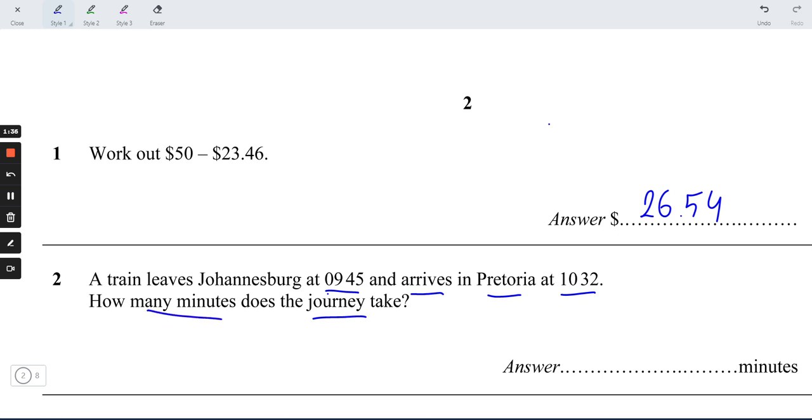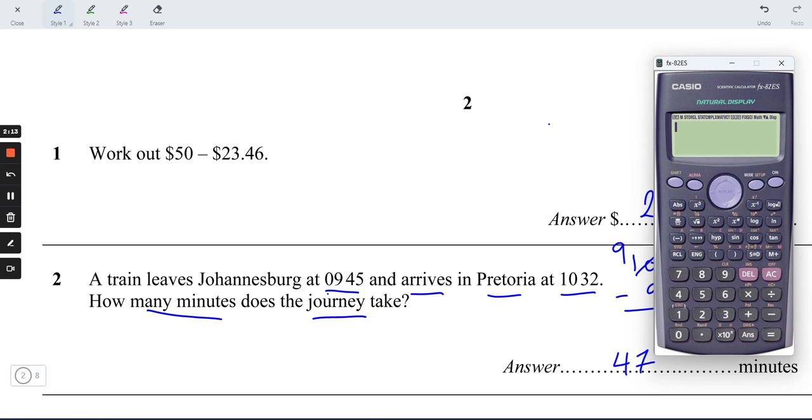Be careful: we are going to subtract 9:45 from 10:32. Here 32 minutes is less than 45, so we will take 1 hour, that is 60 minutes, from 10 to get 9 hours, and here we will add 60 minutes, it will be 92. Subtracting them we get 47 minutes.